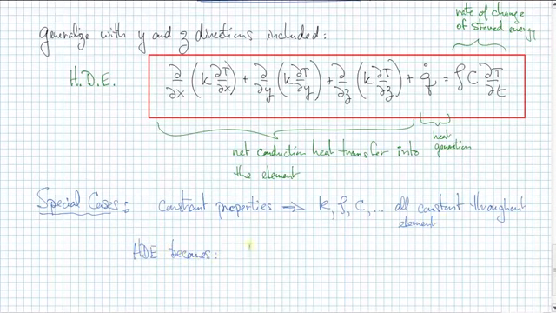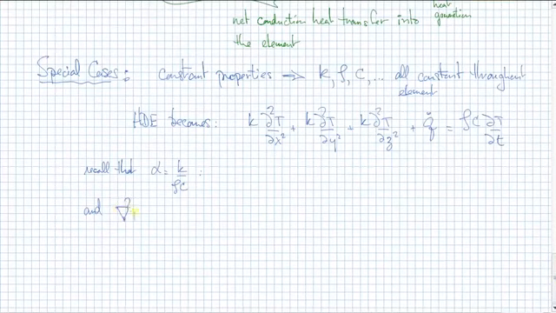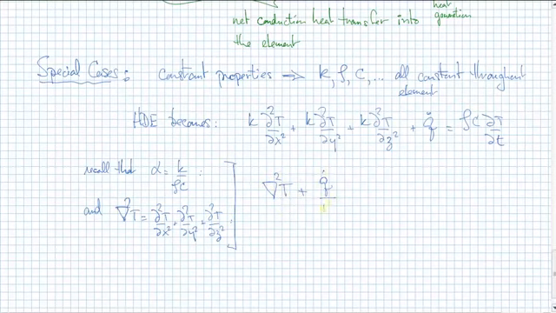Now I've got second derivatives of temperature all around. If you remember the definition of the thermal diffusivity from above, then if we divide by K, we're going to have 1 over alpha on the right-hand side. Similarly, for the second derivatives, that's the del squared operator, also called a Laplacian. So the Laplacian of temperature is what we've got on the left-hand side.